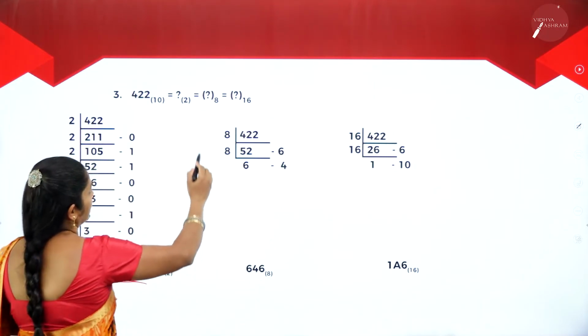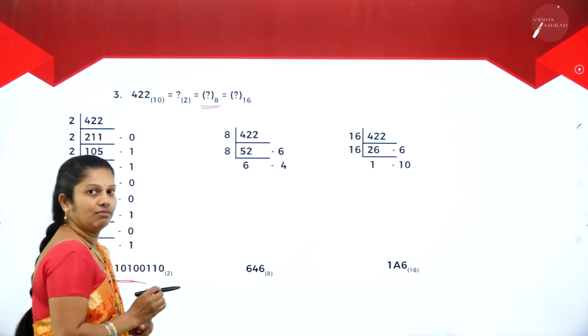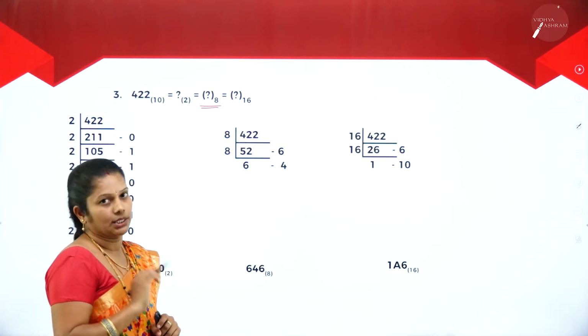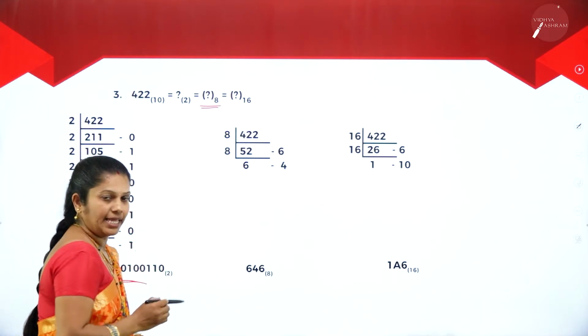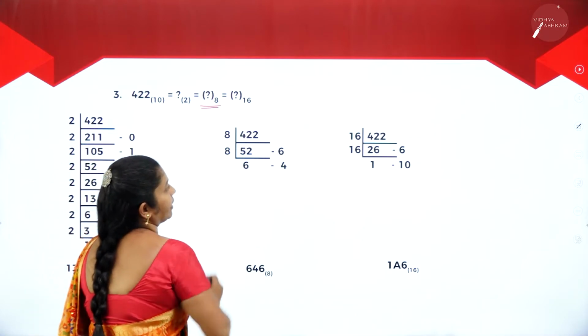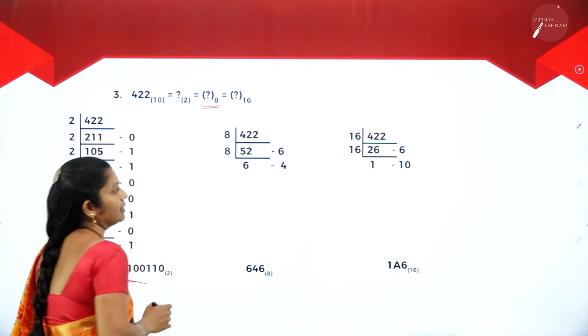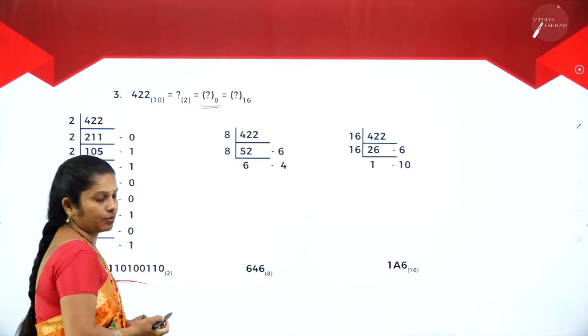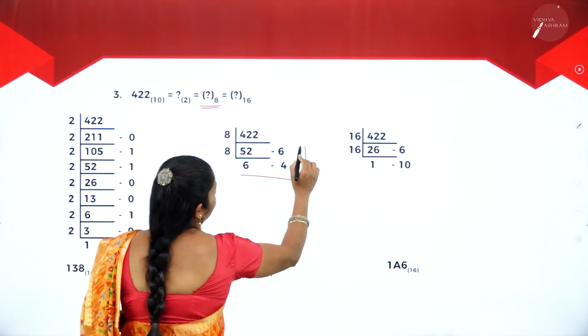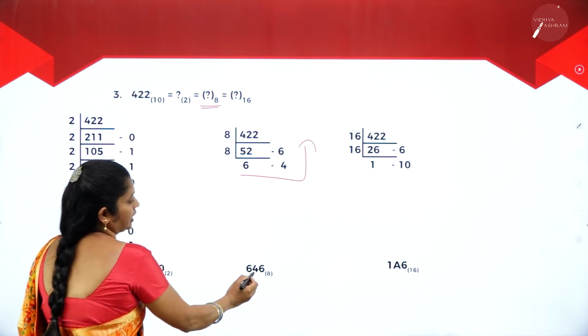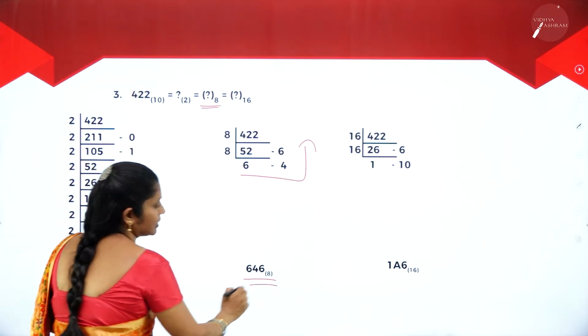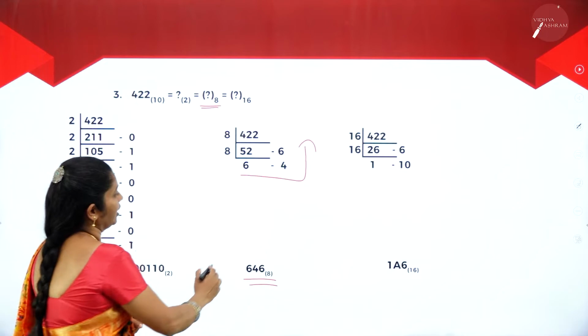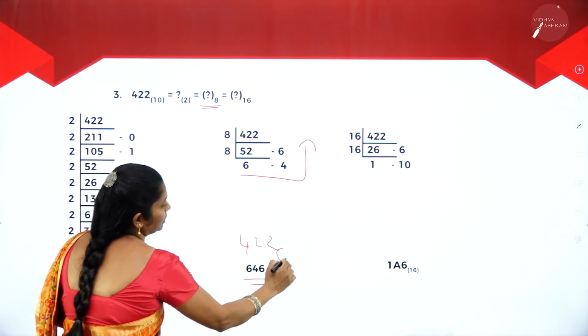Because my agenda is to convert the given decimal number to octal number. Then divide by 8: 8 6s are, remainder is 4. Then write down the value. Then the resultant will be 646 in the base 8. It is an octal number for the given 422 decimal number.